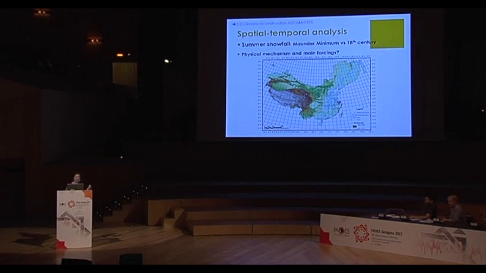For example, this is a map that shows the summer snowfall in China. And as you can see, we surprisingly found that most of the summer snowfall events occurred in mid-latitude rather than in high latitude.